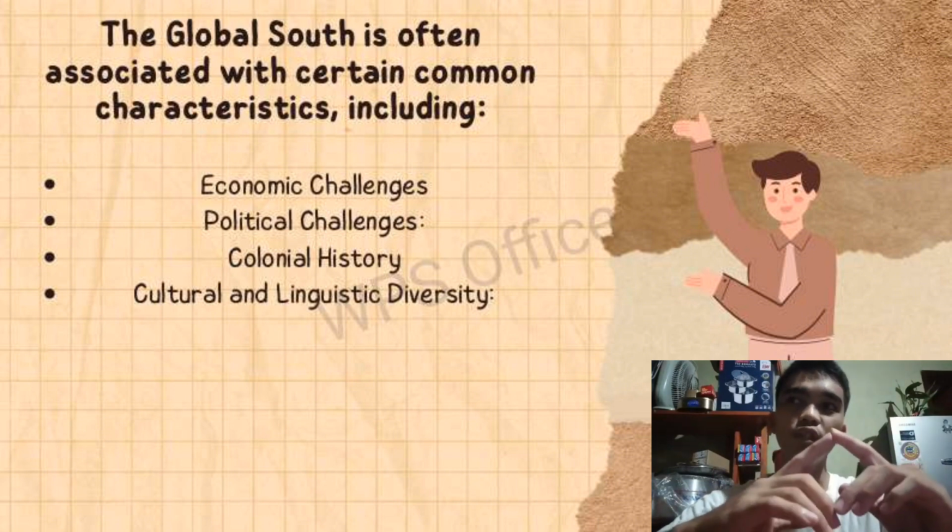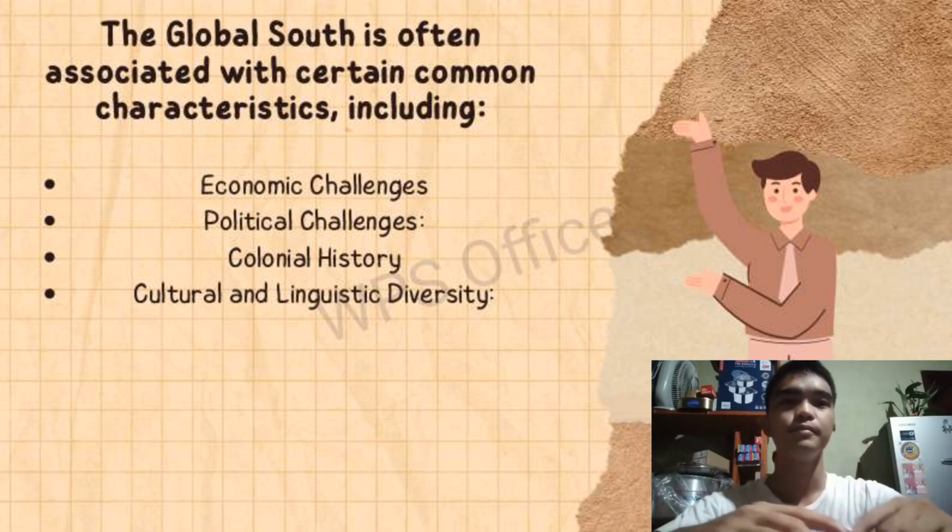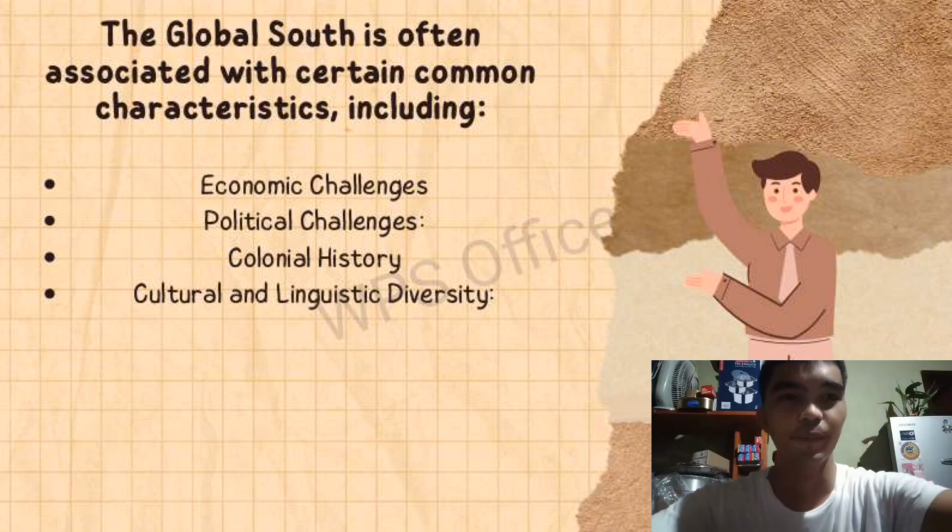So the third world is, let us just say, poor countries, and the first world is rich countries. So that's how I define the Global South. Thank you.